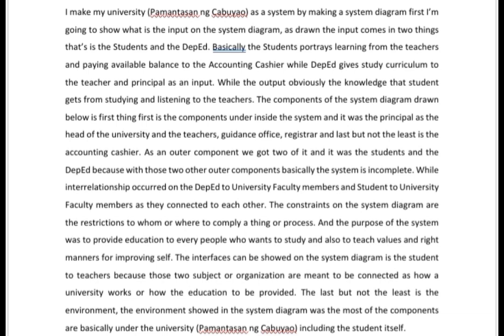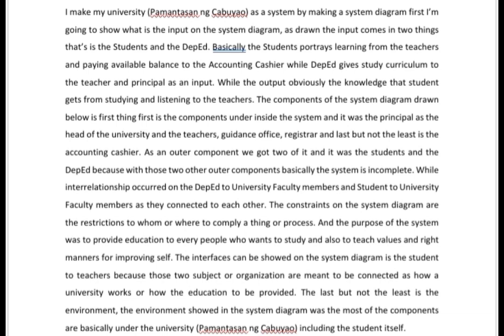Now, we're talking about the interface about dun sa system on pamantasan ng Kabuyaw. And the interface shown in the diagram is the student to teachers. Bakit student to teacher? Because yun lang yung dalawang organization or subject na nagkokonekta sa isa't isa.